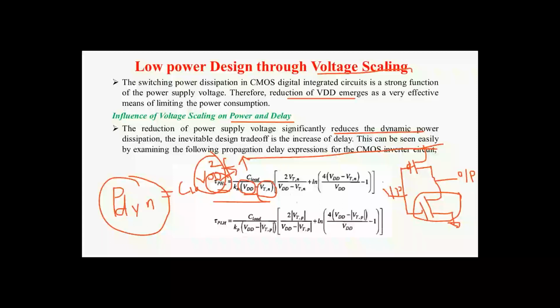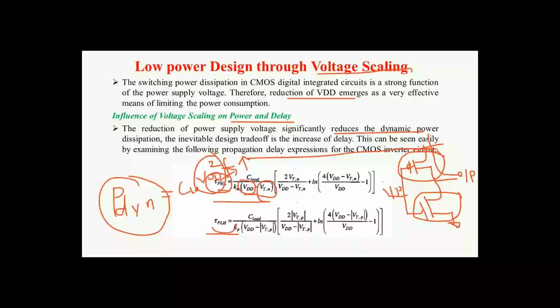At the same time we can consider the propagation delay for low to high. Low to high means the input is low and the output is high. The PMOS transistor turns on, so VDD gets to the output and the capacitor is charged.